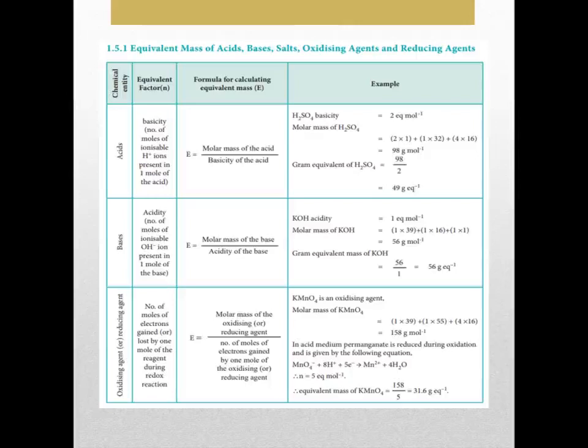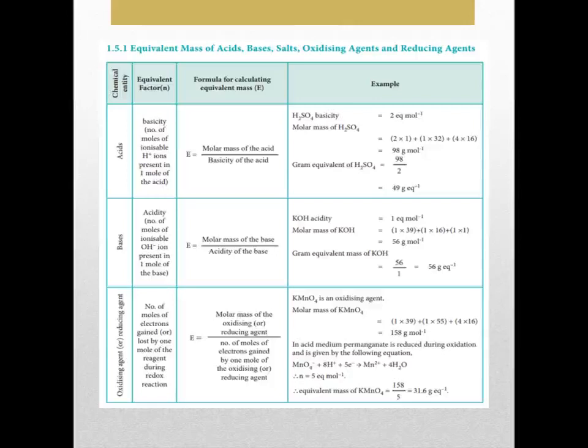So 1 into 39, plus 1 oxygen atom with atomic mass 16, so 1 into 16, plus hydrogen, 1 atom with atomic mass 1. Multiplying and adding, the answer is 56 gram mole inverse. Take a note and write it, then only you can understand. Now divide by the acidity, that is 1. So the answer is 56 gram equivalent inverse.